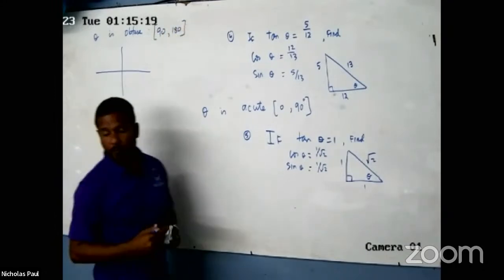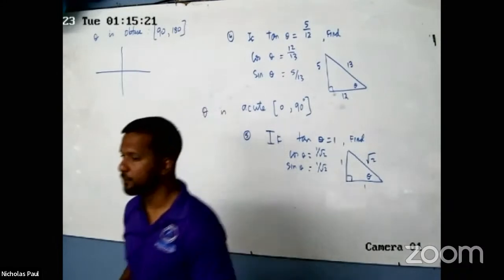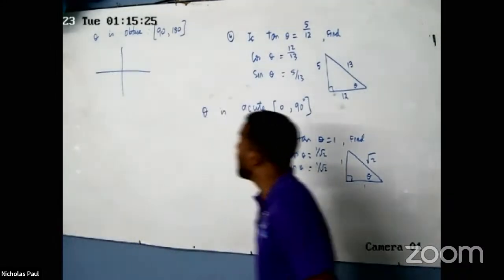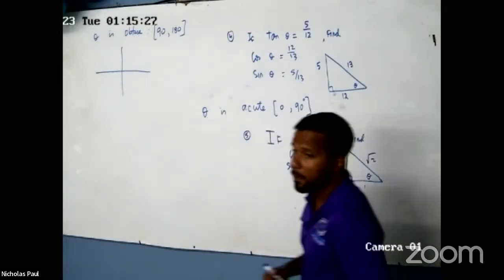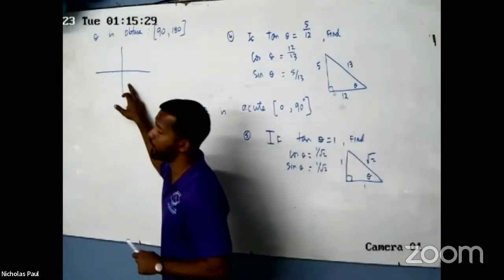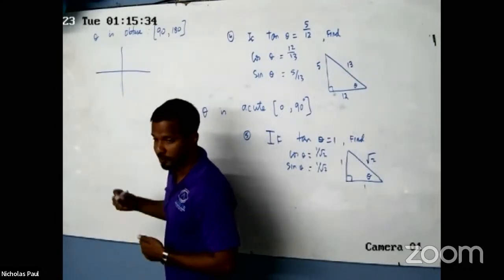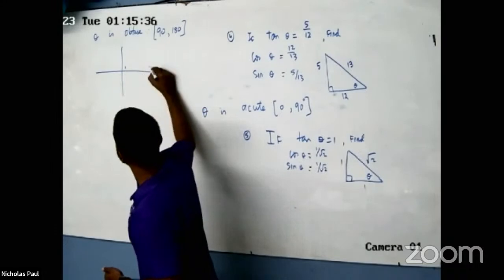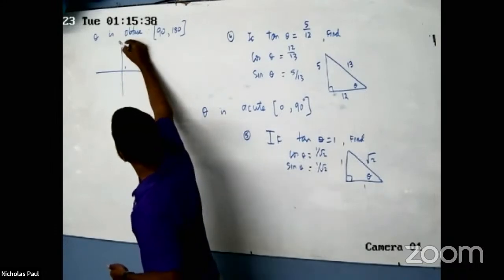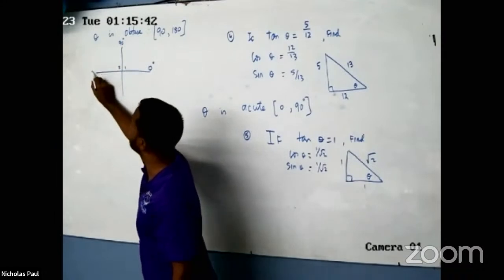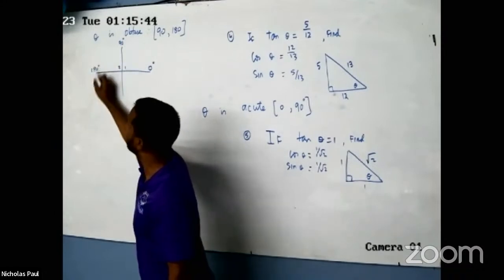Obtuse means what? Obtuse means between 90 and 180. Nice. So here's what we're going to do. I am going to take a circle and split the circle into 4 quadrants. First quadrant here is between 0 degrees and 90 degrees. Second quadrant here is between 90 degrees and 180.